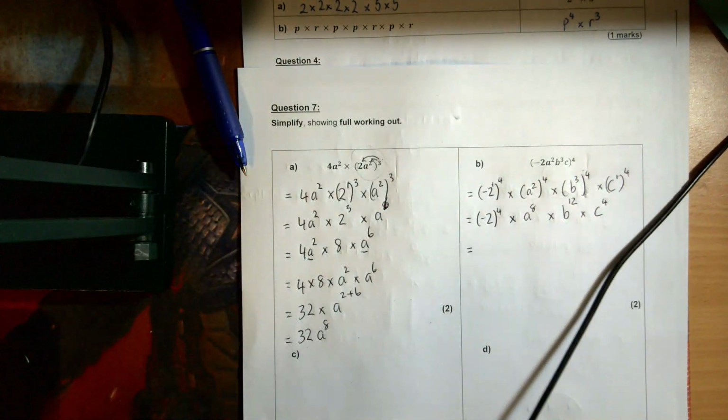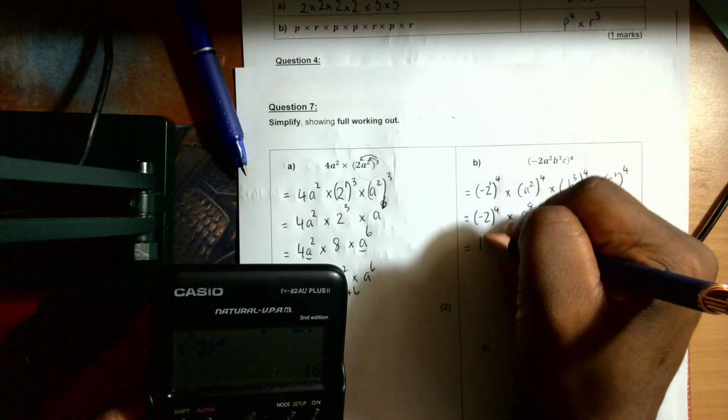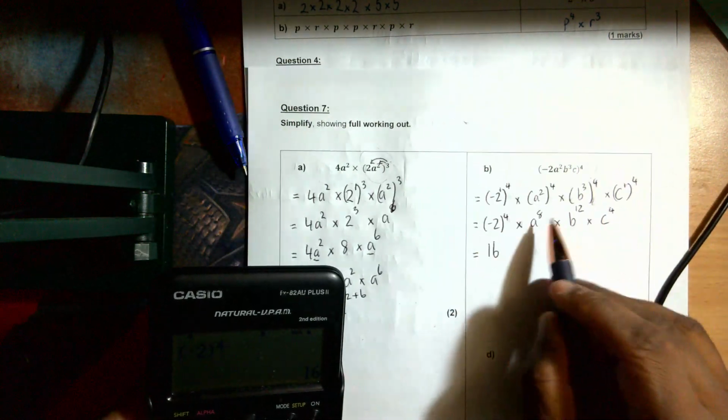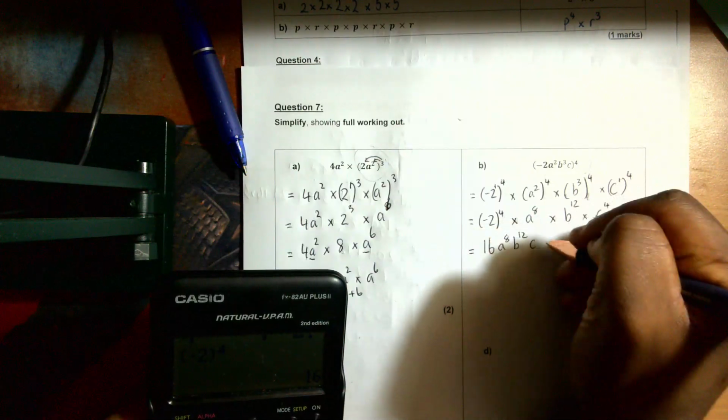Negative 2 to the 4th power, if we do that on our calculator, we get 16, and then it's going to be a to the 8, b to the 12th, c to the 4th.